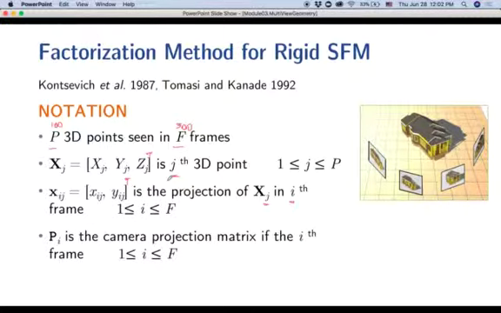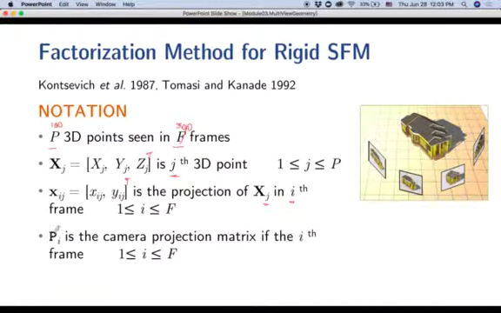Okay, and then we have some camera matrix Pi. Because there are F frames, each frame has a camera matrix. So there's going to be some Pi, the camera projection matrix of the ith frame, where i goes from 1 to F. So there are going to be 300 of these camera projection matrices.